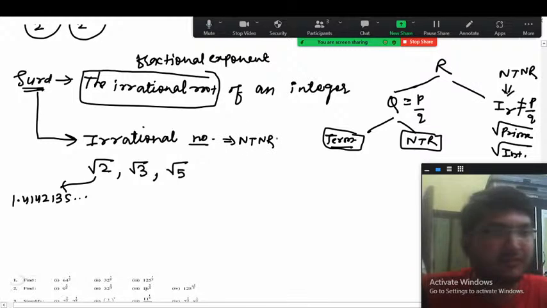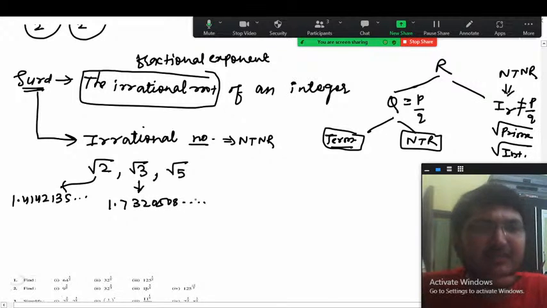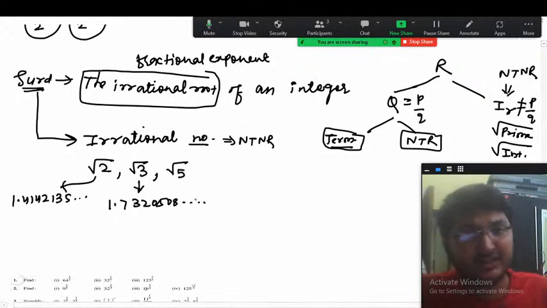I am writing in brief NTNR. Similarly root 3 is 1.73205008. If you try to further get the values, you will keep on getting values, but they will not repeat anyway.